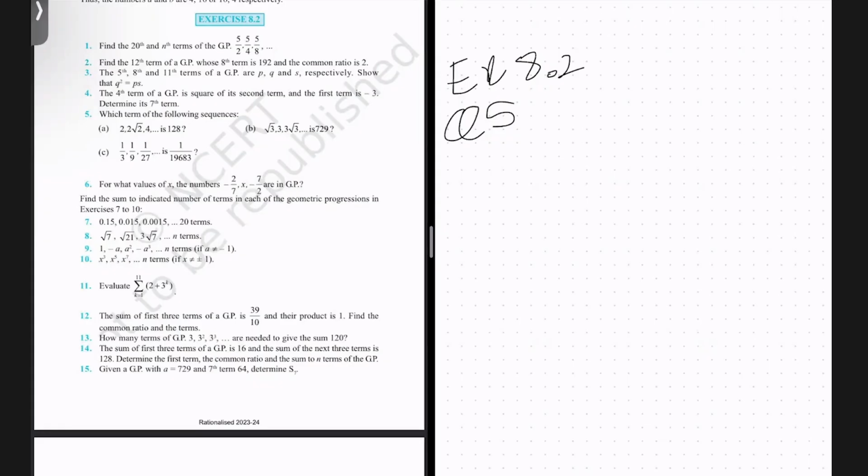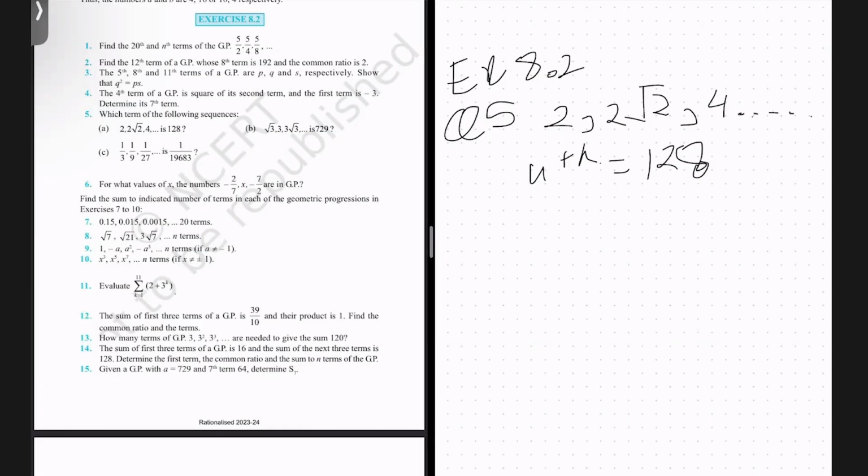So for the first sequence we have 2, then 2 root 2, then 4, and so on and so forth. And the nth term has been given to us as 128.